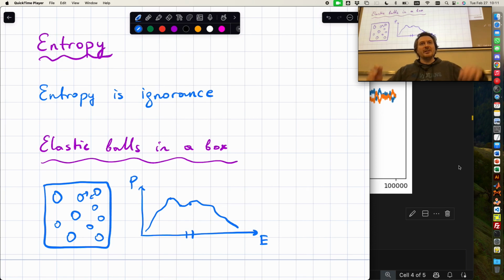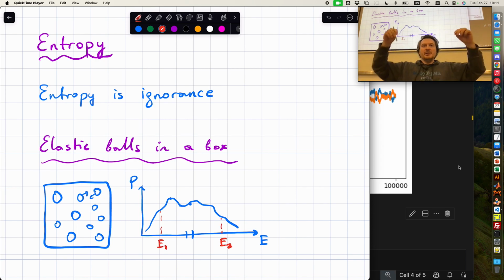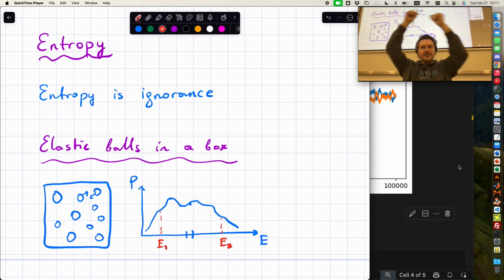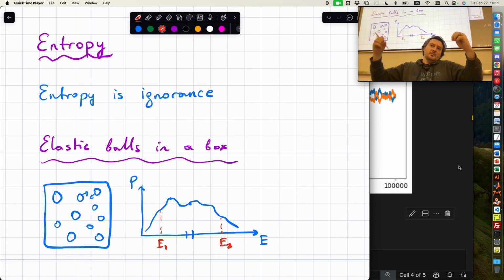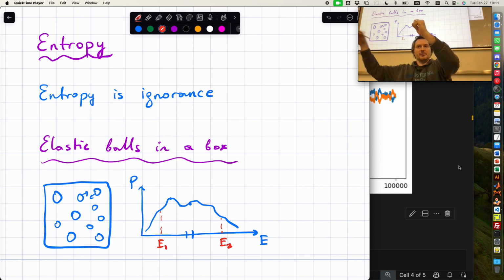Well, when a particle from E1 and E2 hit each other, they will be taken out of that distribution and placed in different places, right? They might share their energies. Maybe one will just stop. Sometimes, for example, a ball stops, another ball perfectly collides, and this one stops and this one just goes away. There are different things. But there is a constraint now.